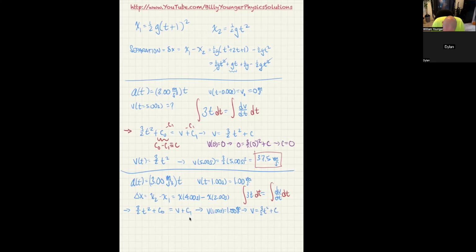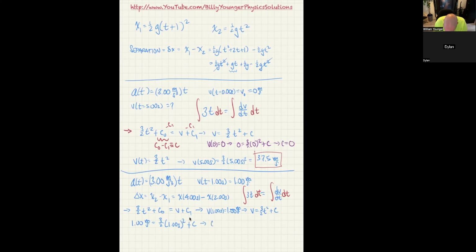And what we're going to do now is say that 1.00 meters per second is equal to 3/2 times 1.00 seconds squared plus c. Yep, I did that. I got -1/2. Yeah, that sounds about right because you get 3/2 plus c is equal to 1.